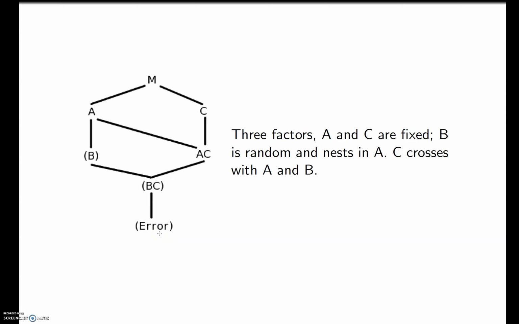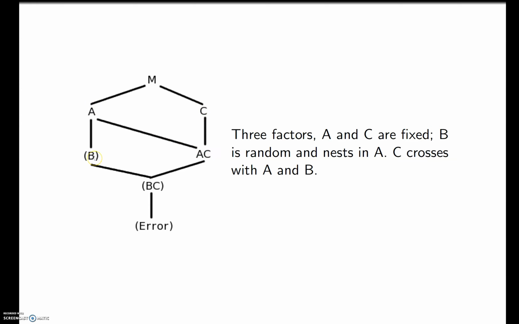So think about a scenario where this could take place. Maybe A is still the curriculum, and C is, I don't know, the student cohort. Not the students themselves, but the background of the students, some characteristic of the students, like whether or not the student knows English as their primary language is C. So you could have a crossing between the curriculum choice and whether or not English is the student's primary language.